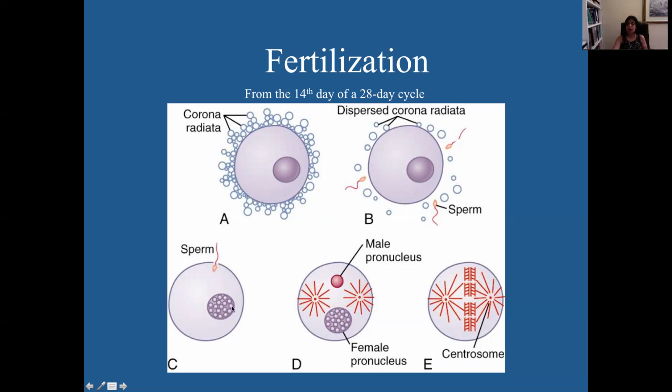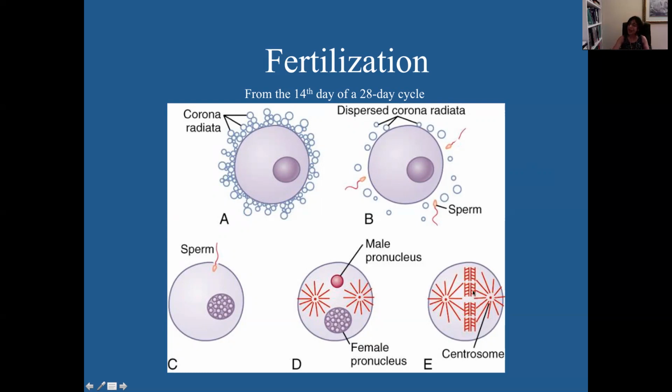At this point, we would call this the ovum. The chromosomal content of the ovum and the chromosomal content of the sperm will now be able to move towards each other and pair up. So these are the ones you're looking at as chromosomes.